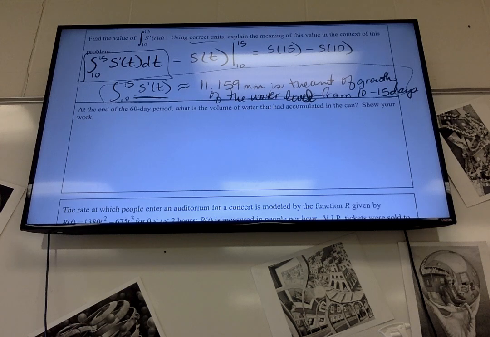When you said the growth of the water, I'm assuming you meant the height of the water as it grew over time. So to figure out the height, it is the antiderivative from 5 to 60 of s prime of t dt. Why does it start at 5?